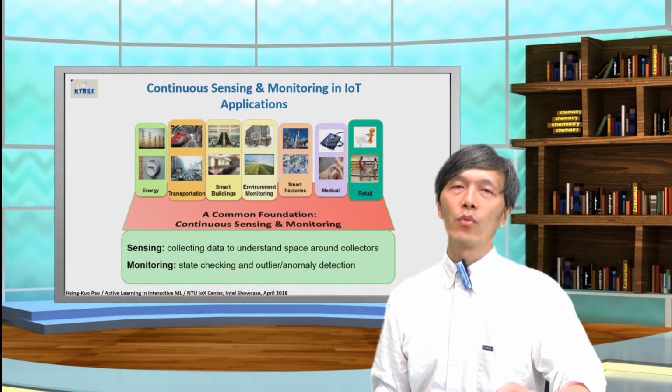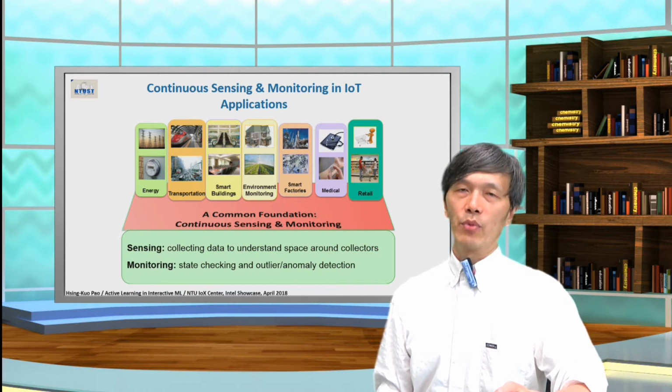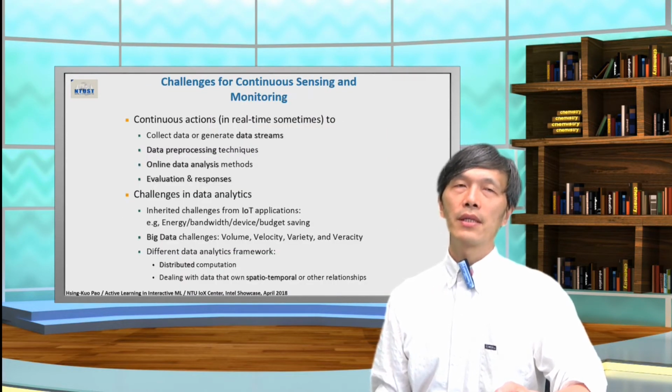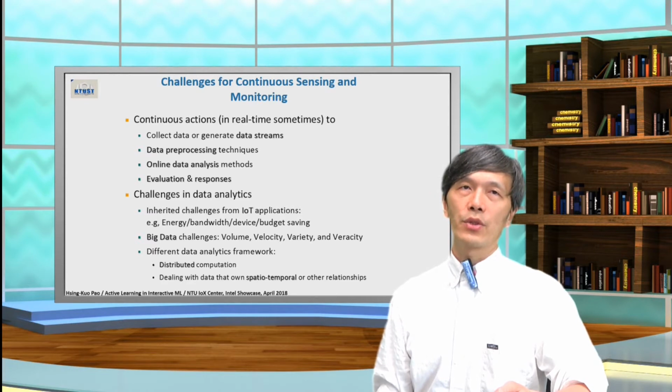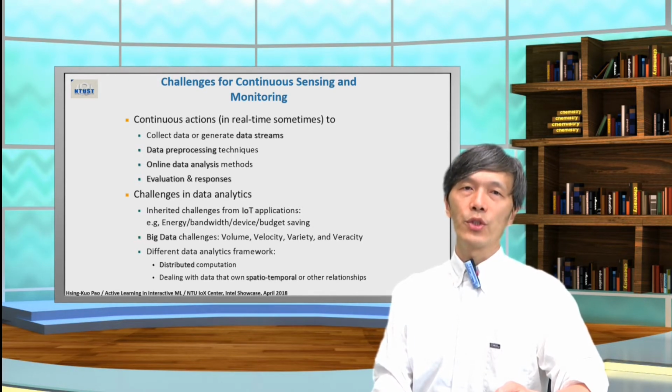By that, what we mean is that a system can continuously collect data from the environment, and by analyzing the data, we know what kind of state we are in, so that maybe we can do some reaction with that particular state. To realize continuous sensing and monitoring, we continue to collect data, do some pre-processing and some analysis, and sometimes the analysis and evaluation must be done in real time so that we can instantly react if we have some emergency situation.